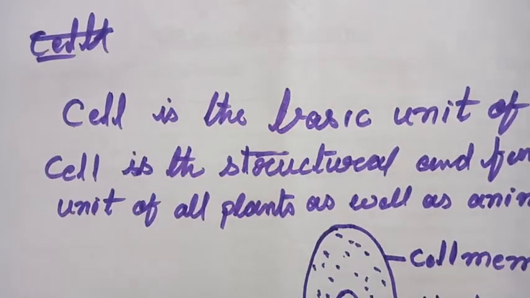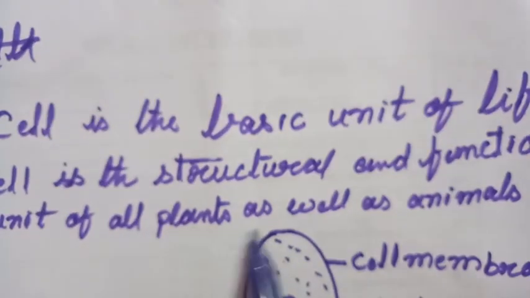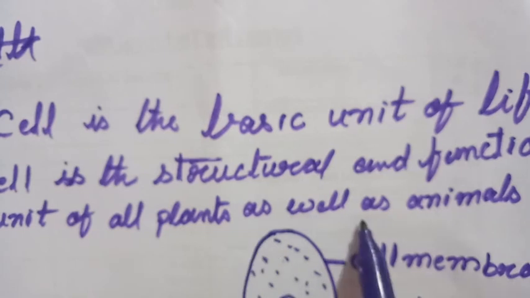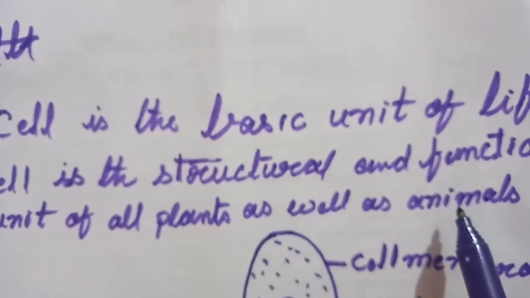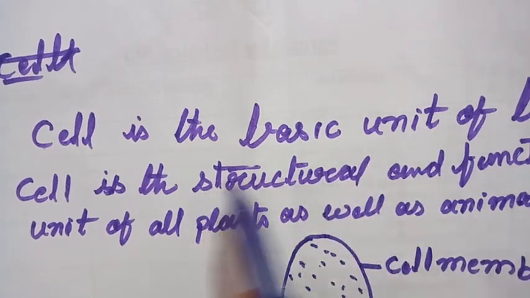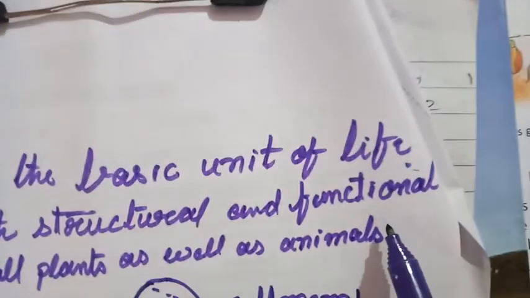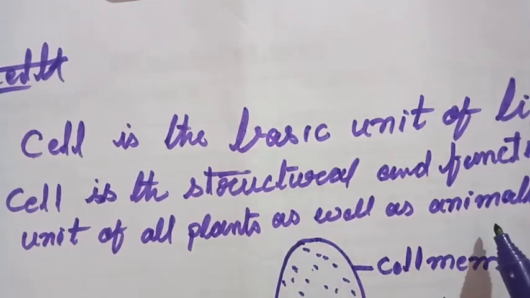Or a cell is the structural and functional unit of all plants as well as animals. You may write that a cell is the basic unit of life, or you may define a cell as the structural and functional unit of all plants as well as animals. You may define the cell in this way. A cell is the smallest unit of life. A cell is the structural and functional unit of all plants as well as animals.